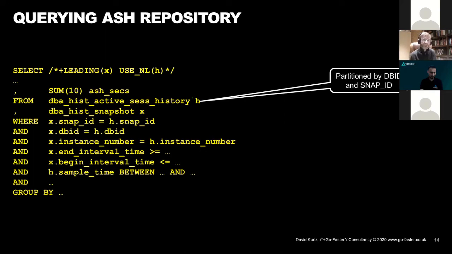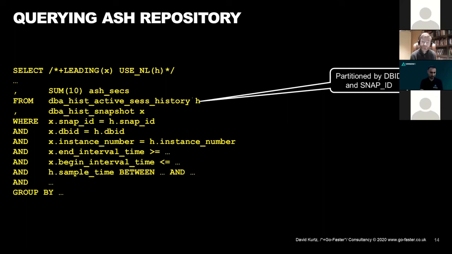So then you move to starting to form SQL to interrogate the data. The persisted ASH table that underlies DBA_HIST_ACTIVE_SESS_HISTORY is partitioned by DBID and SnapID. That's just done automatically.